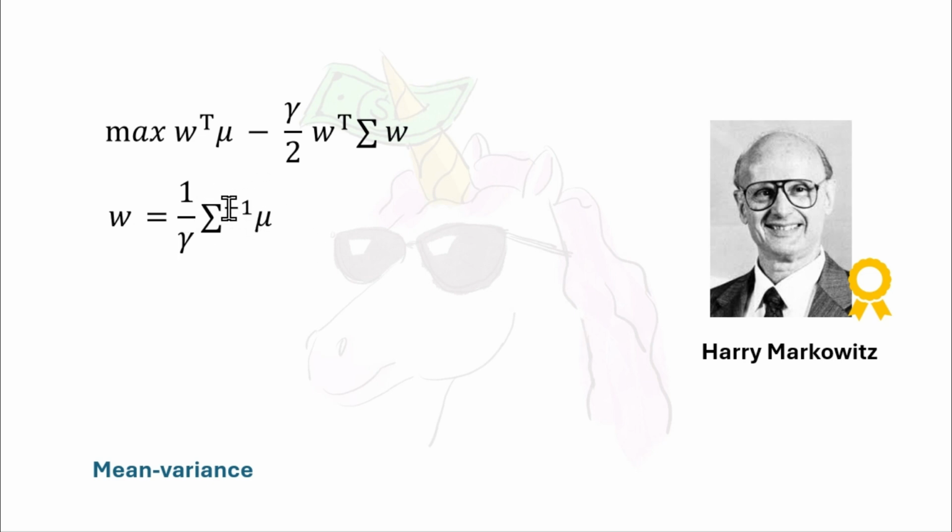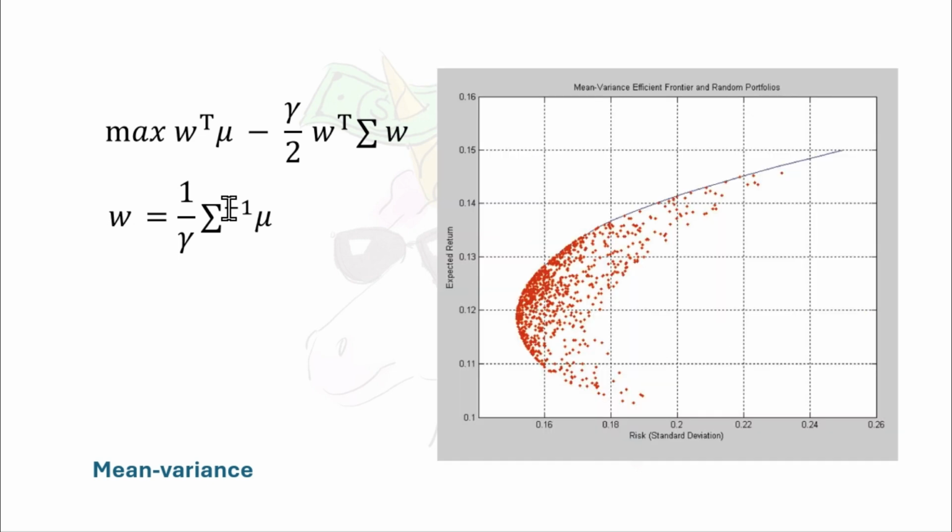We can also try to draw this problem out, right? I bet you have seen this graph before. This is the famous efficient frontier. So what does this graph tell us? You can consider each red dot on this graph as a possibility of weight allocation.